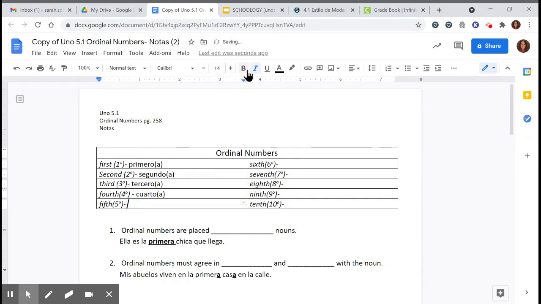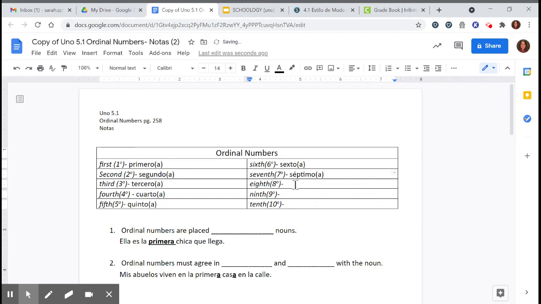Fifth is quinto or quinta. Sixth, we have sexto or sexta. Seventh is séptimo, or we could also have séptima.